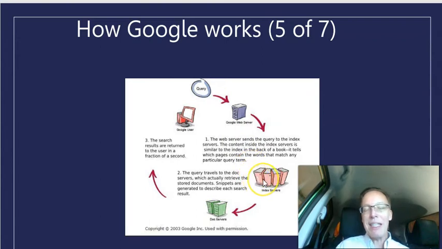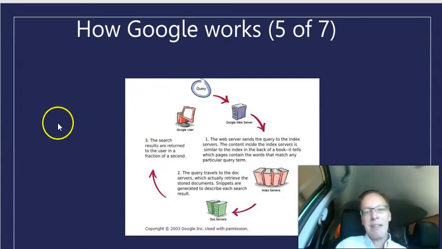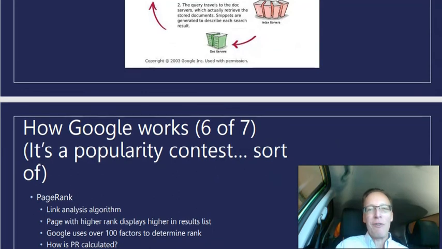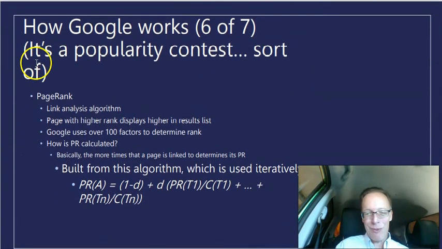And then there are index servers that know where all the content resides, which are the document servers that evaluate that. And then it returns the results. It's called a SERP, search engine result page. And again, I can go into much more detail on that, but for you as the business owner, I would say that's probably the level of granularity that's needed to help you understand what's up.